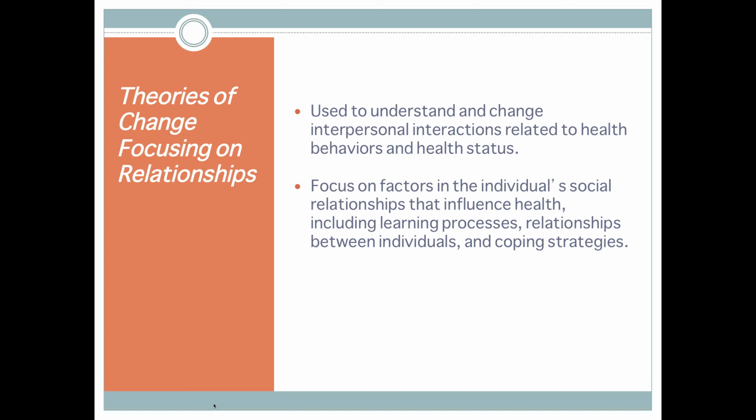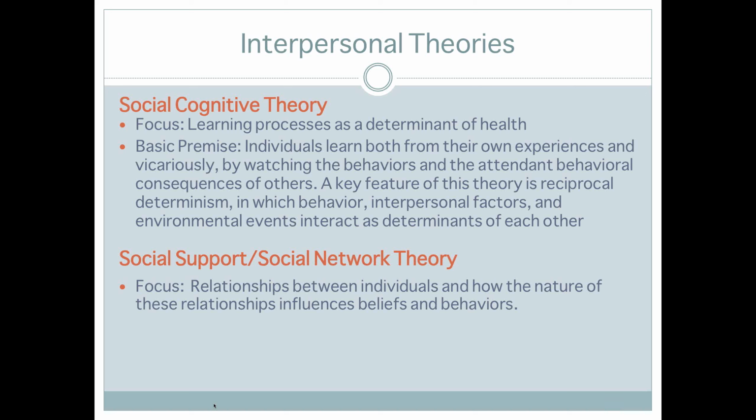These are some of the major factors of the interpersonal level of theories of change. So I'm going to talk about some of the main points about these interpersonal theories.